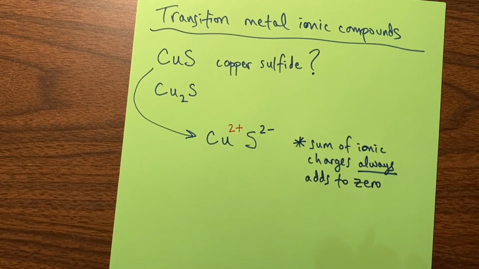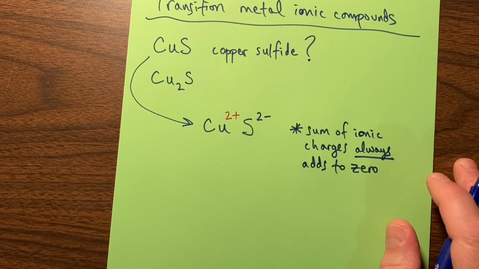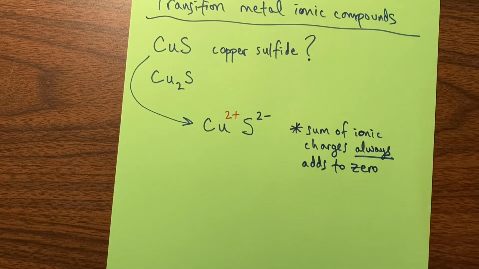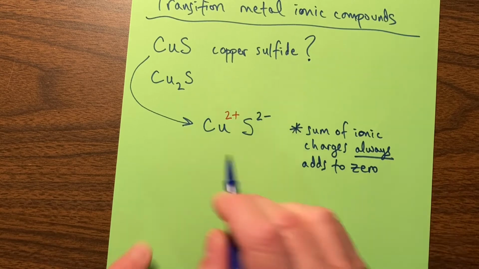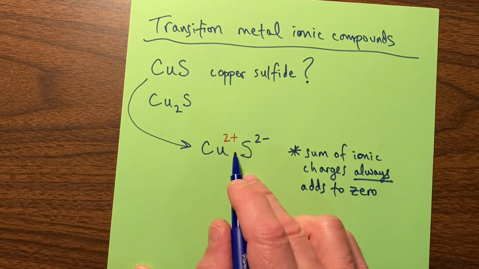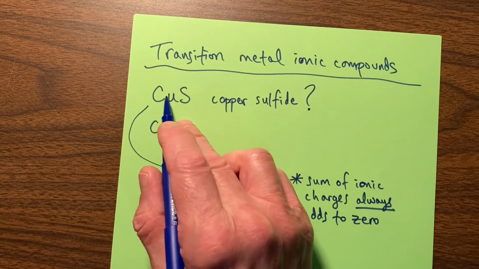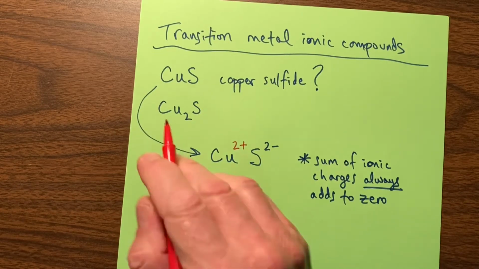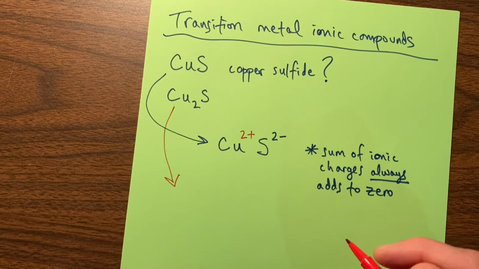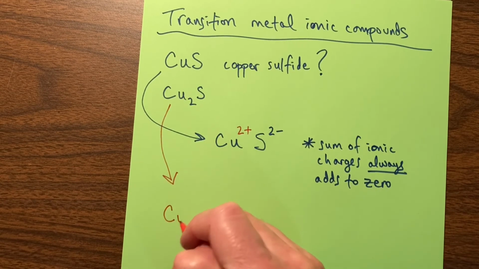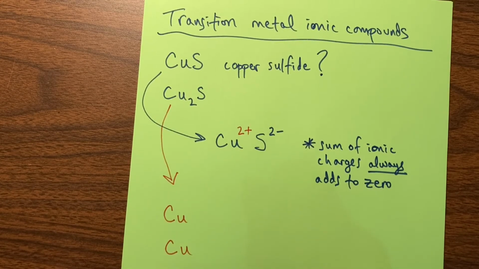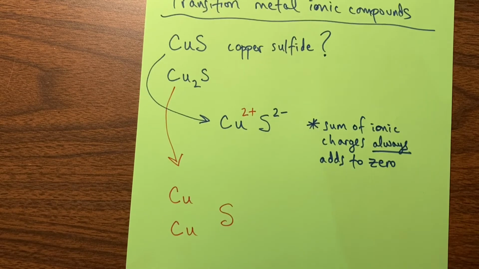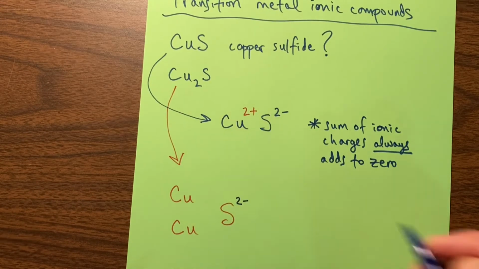Because ionic compounds do not have a net charge, they only have charges within them that balance each other. So this would be the ionic charges of the copper in this formula and the sulfur in this compound. Compare that to this compound here, Cu subscript 2 S. That would represent 2 coppers and 1 sulfur. Well, the ionic charge of sulfur isn't going to change because it's a main group element.